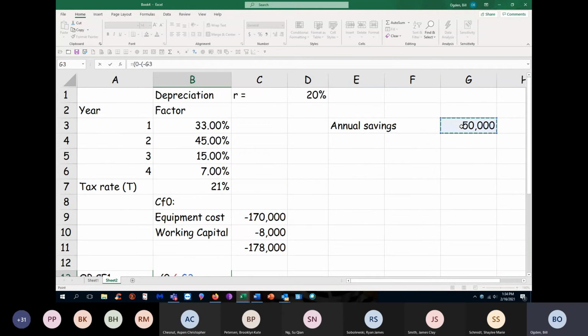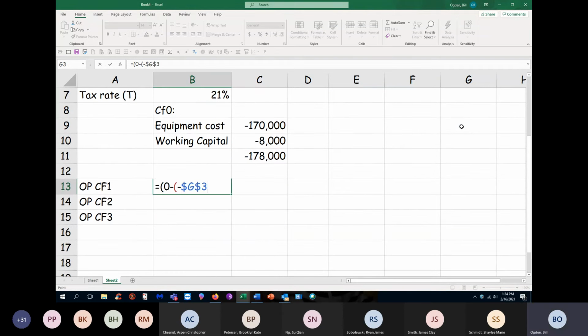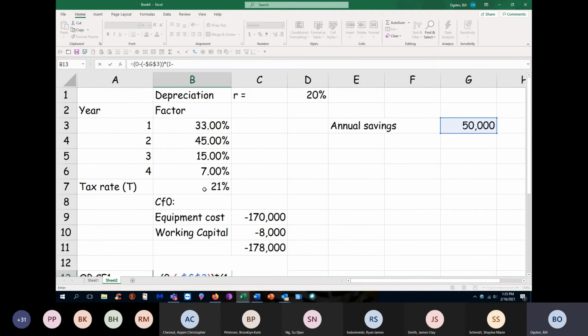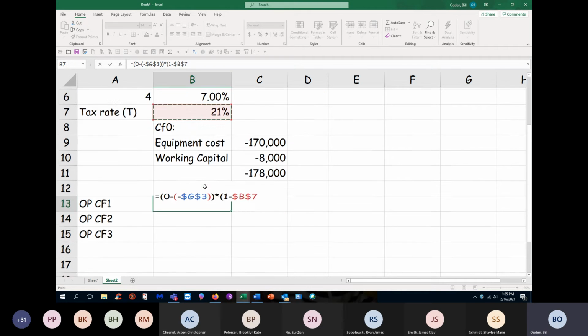We better lock that. By $50,000 annually. All right. Revenues minus costs. And then times 1 minus T. Looks like it's right here. Let's make sure we lock that. We're going to copy this down, you know.